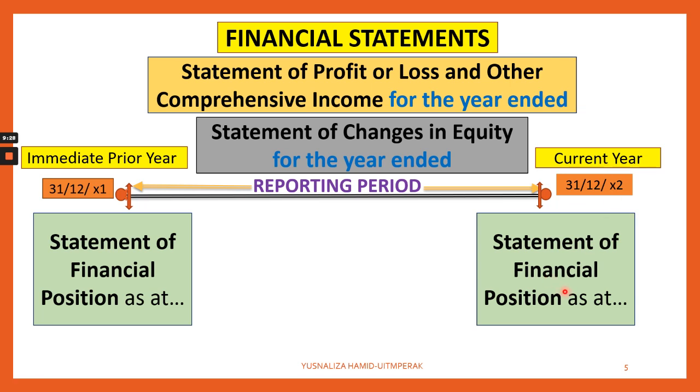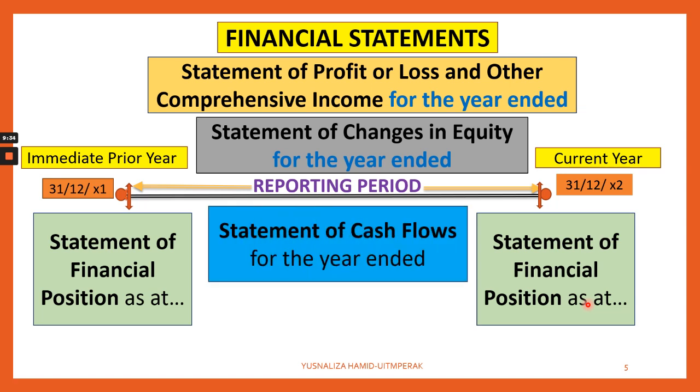And as we knew, the statement of financial position is prepared at a point in time. However, for the statement of cash flow, it will be prepared for the reporting period. It can be prepared on a yearly basis, which is for a 1 year period, or for a monthly reporting period, or maybe quarterly reporting period.